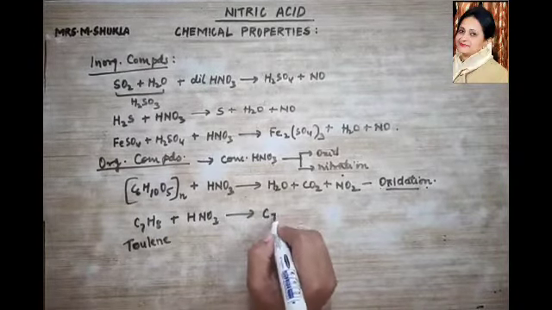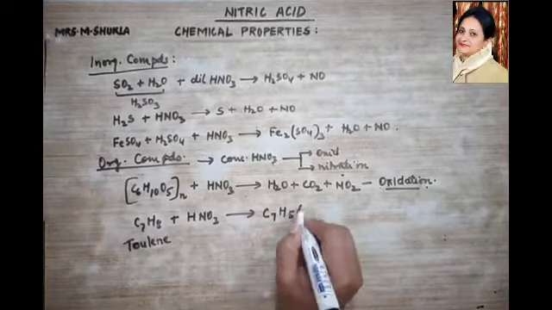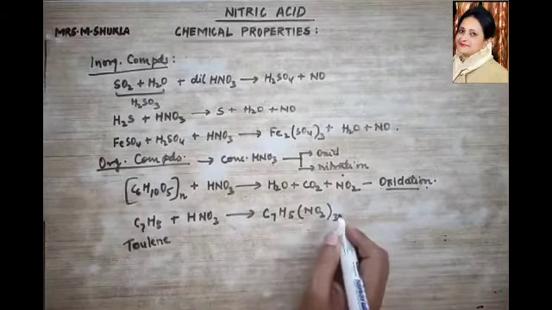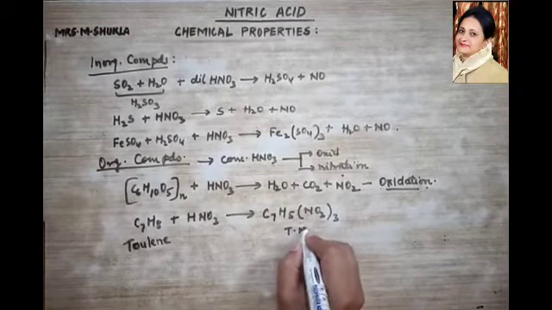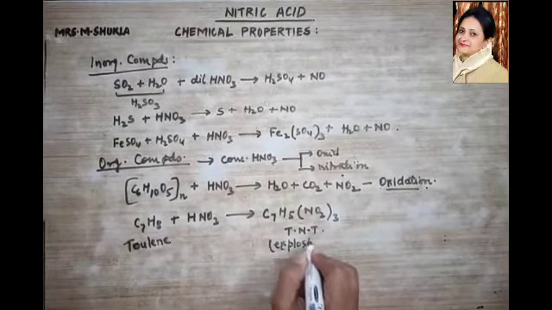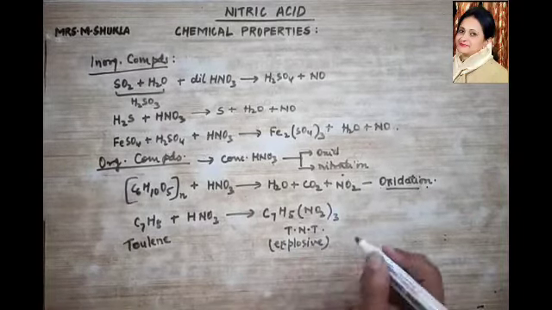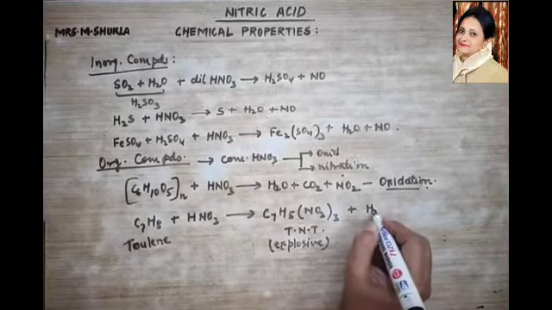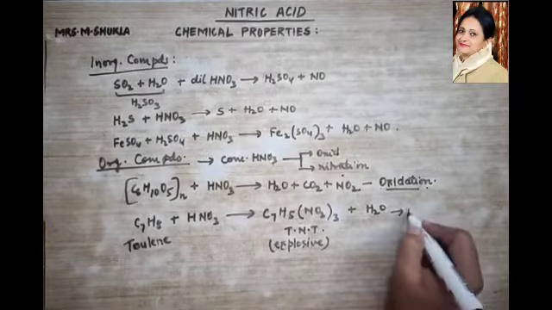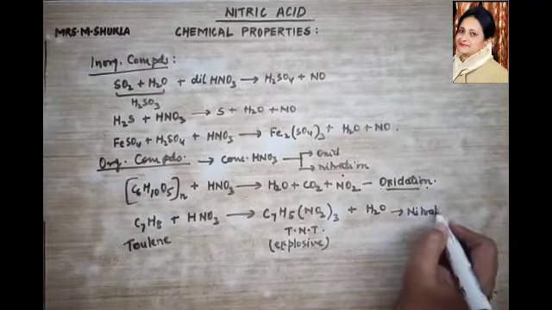It is going to form C7H5(NO2)3. What is this? This is called TNT. This is an explosive that is formed along with water. Right. So this is your nitration process.